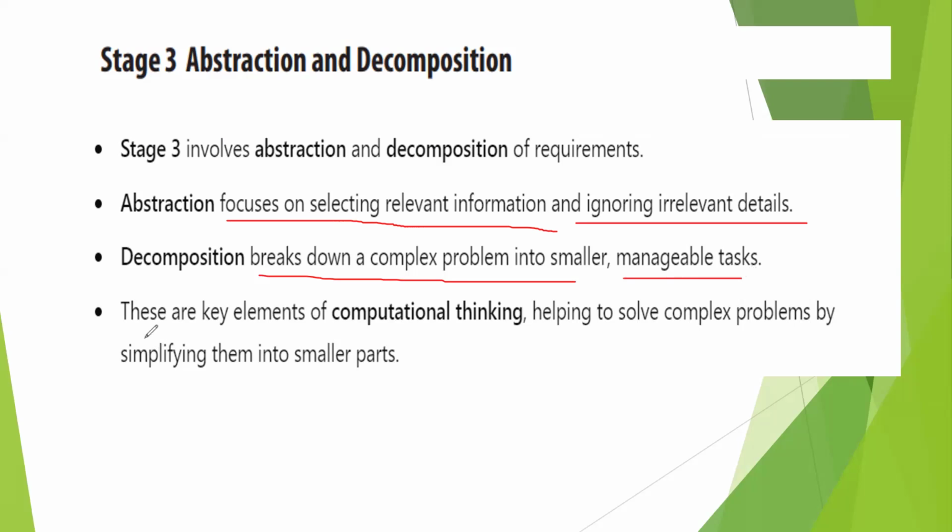These are key elements of computational thinking, helping to solve complex problems by simplifying them into smaller problems. So a large or complex problem can be broken down until it becomes atomic. As small as you make your problem, then you solve that, then you write its code.